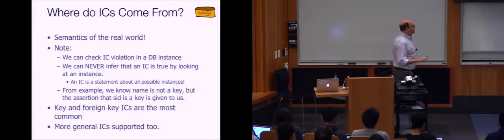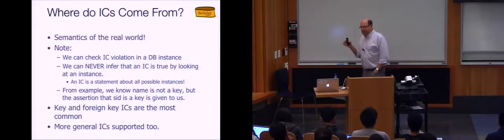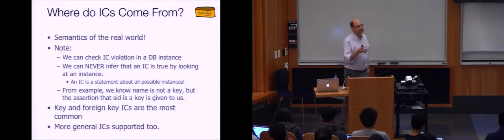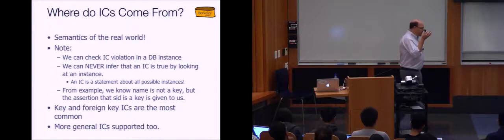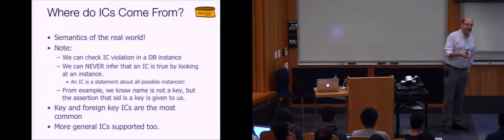So I've already said this, but I just want to emphasize it. The whole point of constraints is to reflect things that you want to be true about the data that gets stored in the database.